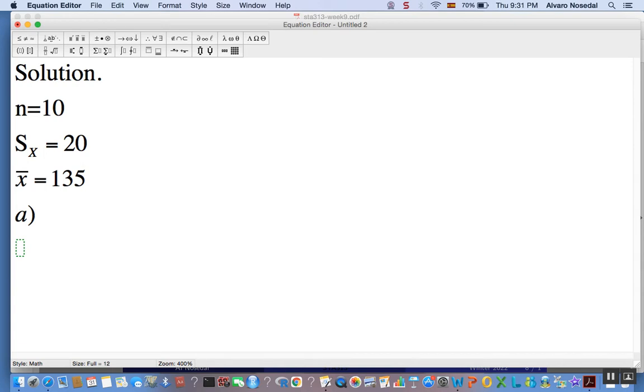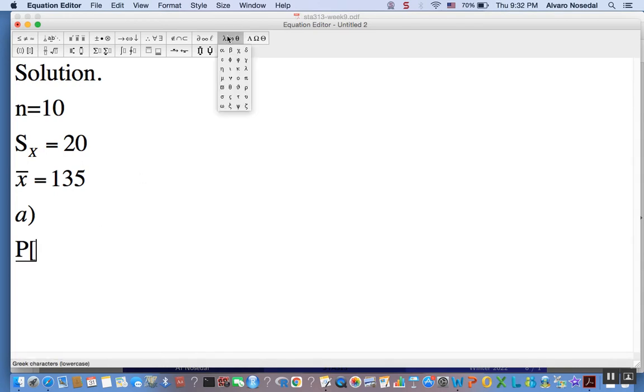First problem. We want to find the posterior probability that mu is less than 130.